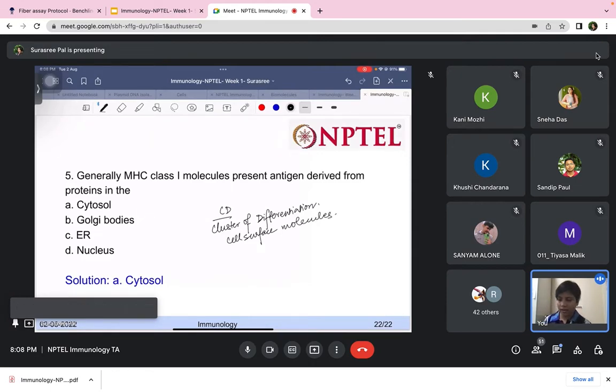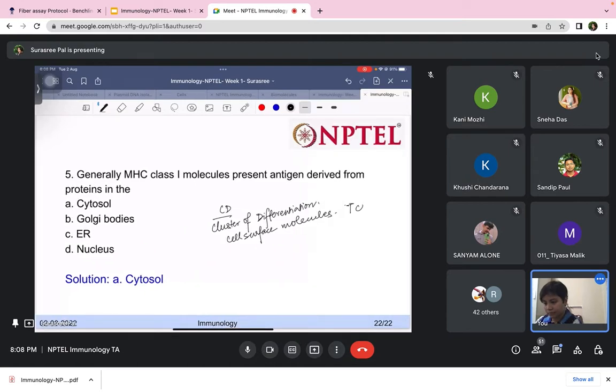Don't worry, we will go into the detail of it, and in the coming weeks of the NPTEL lectures also, you will go through this CD. That will answer all of your questions, but just to introduce you, these are some cell surface molecules which are present on the T cell, right? They help the TCR to interact with the MHC.